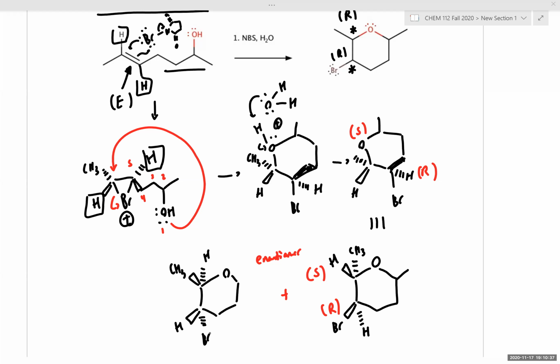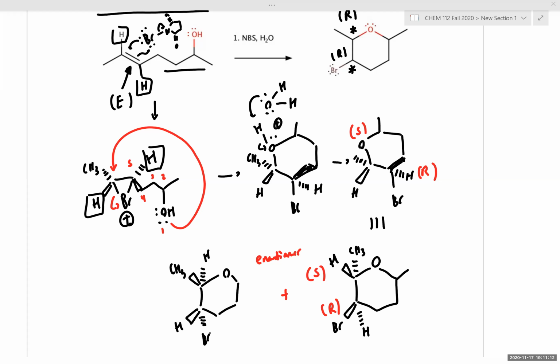We spend all this effort making this alkene with the specific stereochemistry. The reason why we start with an E-alkene is to generate these two stereocenters that are fixed based on the stereochemistry of our alkene. Stereospecificity is a very powerful tool, and understanding the stereochemical outcome of reactions can help you understand, explain, and logically piece together a path to go from a starting material to a product in a defined manner.